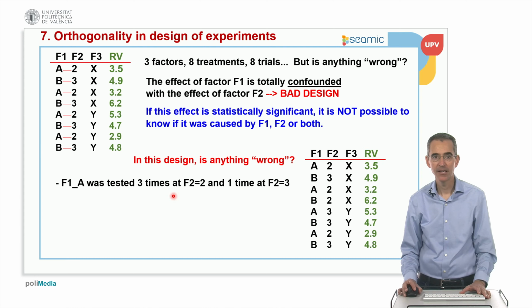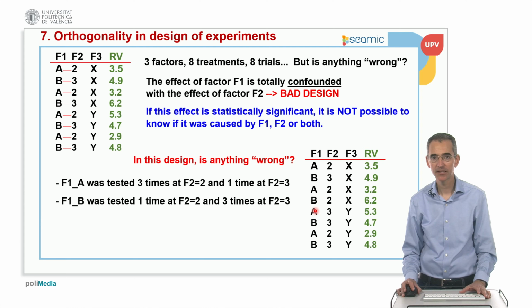So A was tested 3 times at the variant 2 of the second factor and just 1 time at variant 3. Okay, so we just have A3 once. But here we have B2, B3, B3. So B3 appears more often than B2.